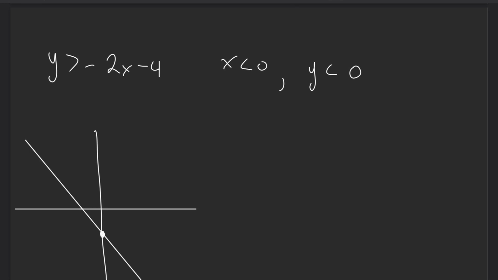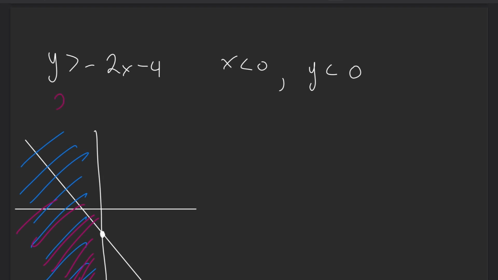And then we're looking for where x is less than 0, so that's all of this. And then where y is less than 0, so that's going to be like this region. So basically like the third quadrant. And then I'm going to plug in 0, 0 to see if it's part of the solution.